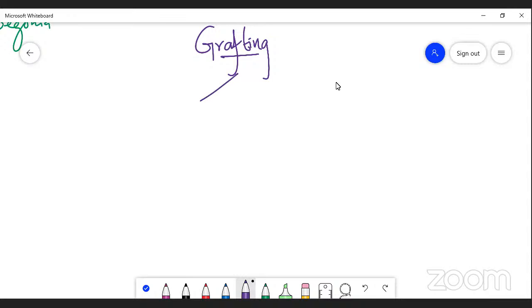So in grafting, there are two parts of plants playing an important role. One is the stock and the other is the scion. The stock is the rooted portion. Now this is a plant pot.